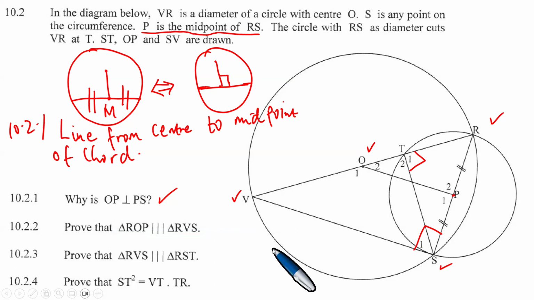Prove that triangle ROP is similar to triangle RVS. Right, so let us do this one. What do we do here?